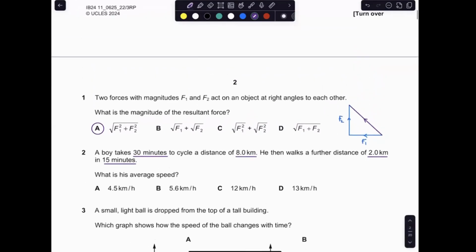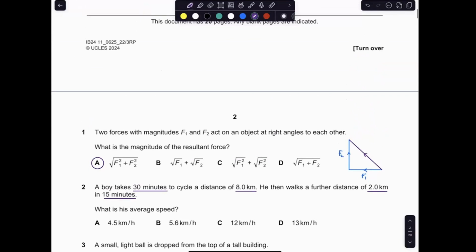Usually what happens is, for instance, if we've got a horizontal force going like that, and then another one going like this, then if we want to use trigonometry, the formula would be more complicated, but they would not ask you to do the math on it.